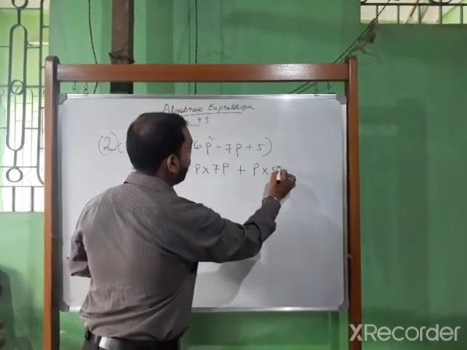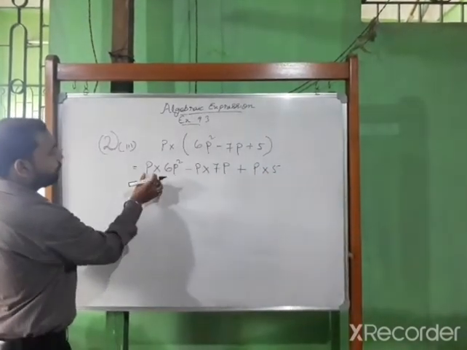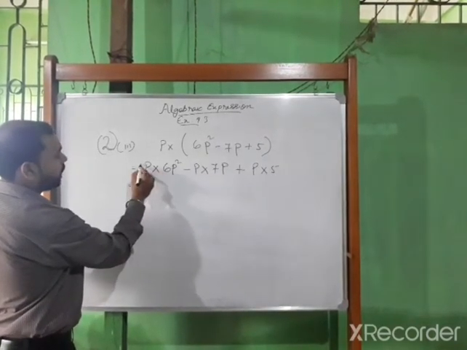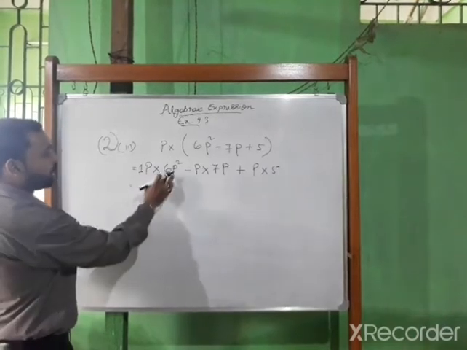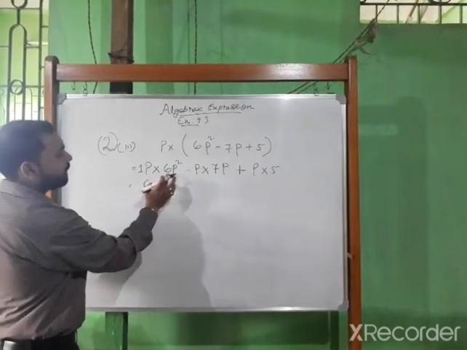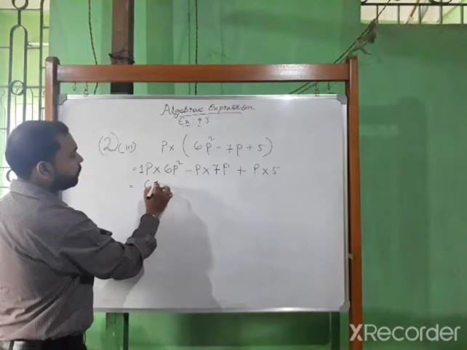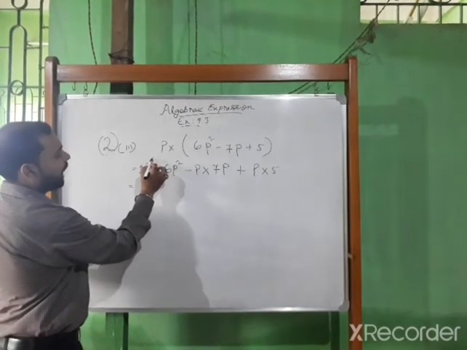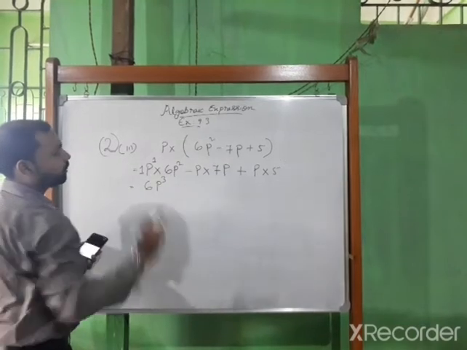So now let us write. P multiplied with 6p square. What will be the answer? Yeah, no coefficient is there, that means 1 is there. So 6 into 1, it is 6. P multiplied with p square will become p to the power 3, because base is same, the power will be added. So 2 plus 1, it is 3.